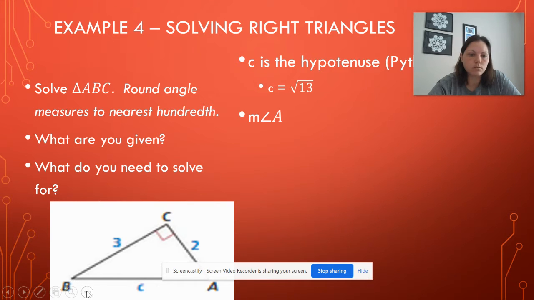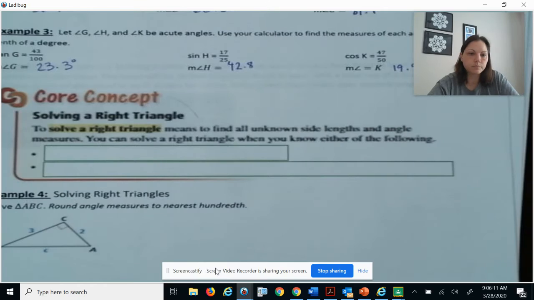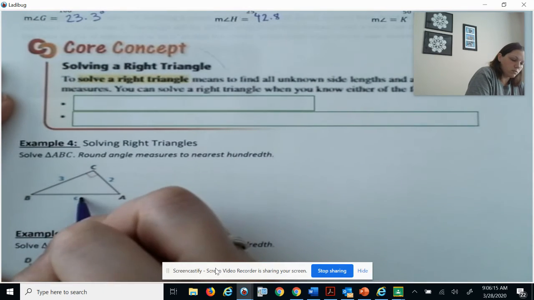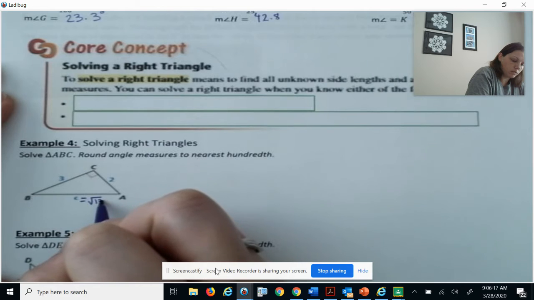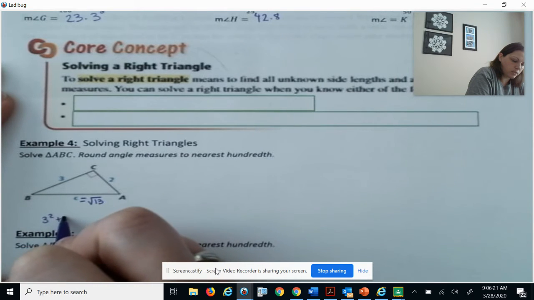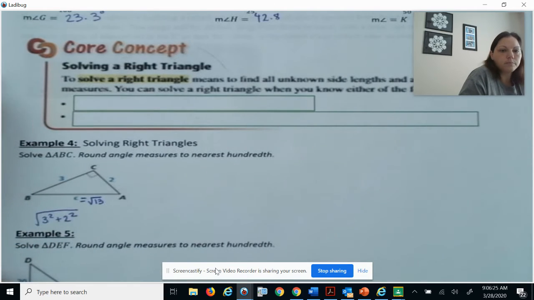Okay, I think I'm going to go to the paper now. So C was the square root of 13 because we did 3 squared plus 2 squared. Square root, right?